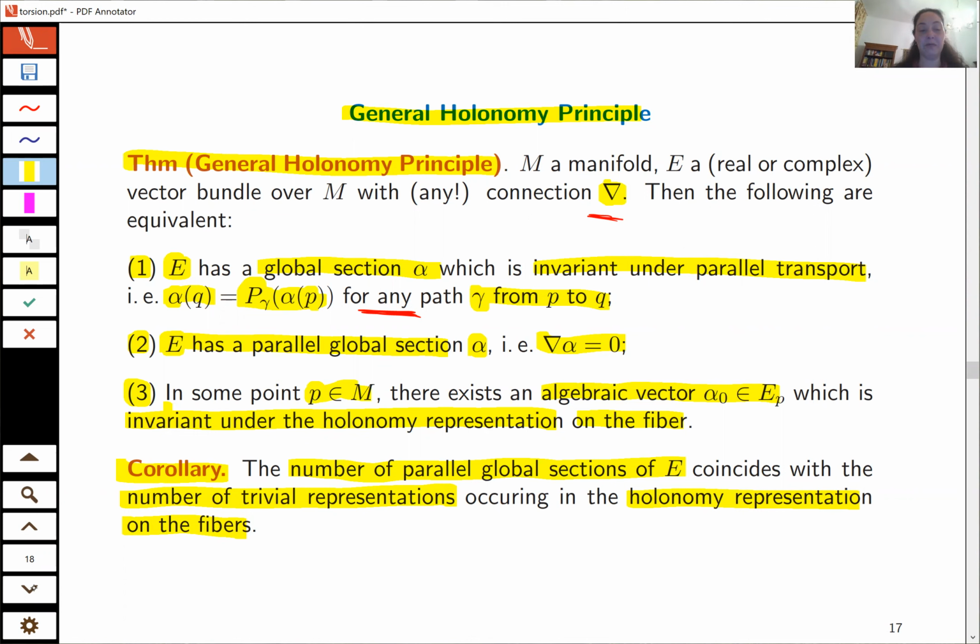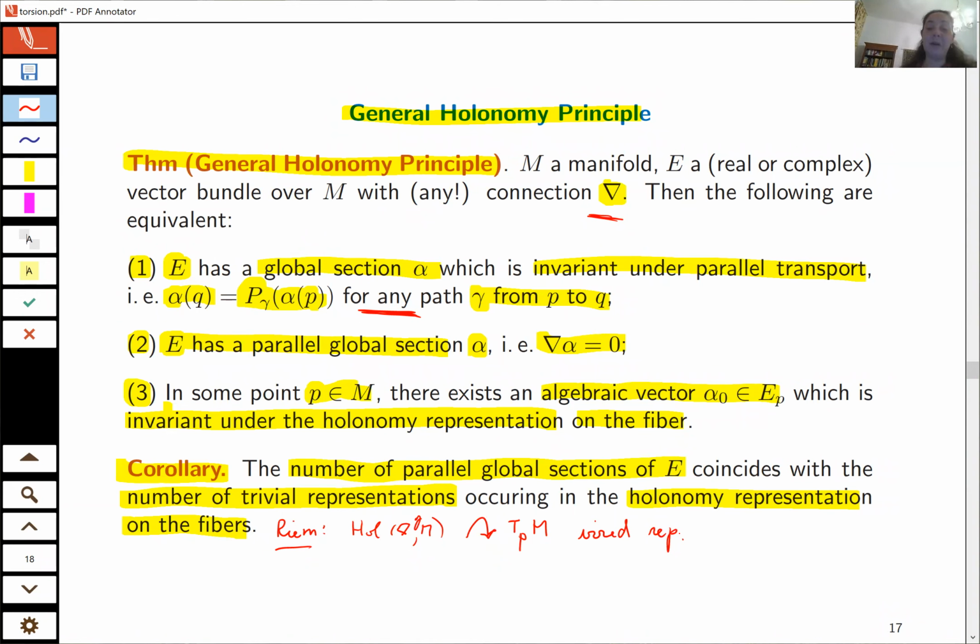Now, do I have an empty slide here? No, I don't. In particular, if we look back at the Riemannian case, okay, in the Riemannian case, I had said that the building blocks correspond to the holonomy representation acting on the tangent space by an irreducible representation.